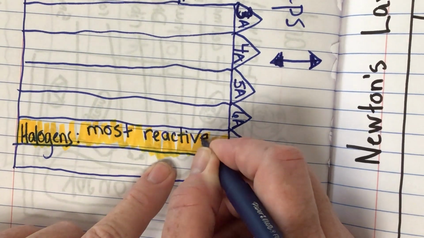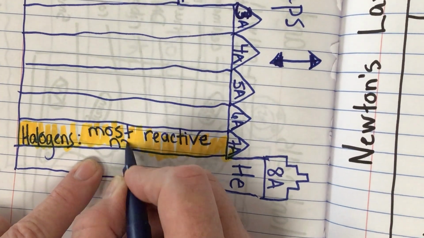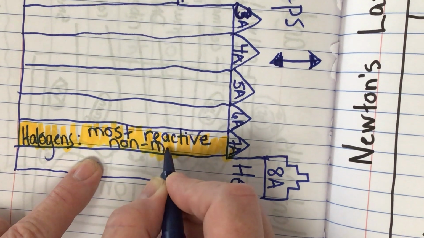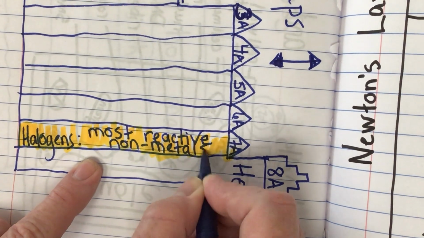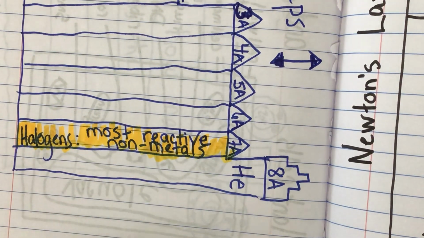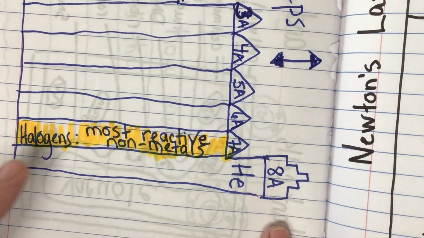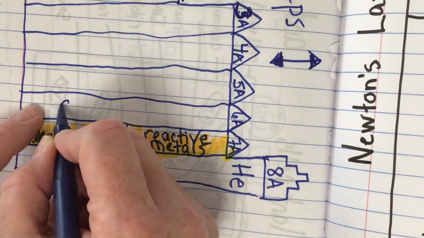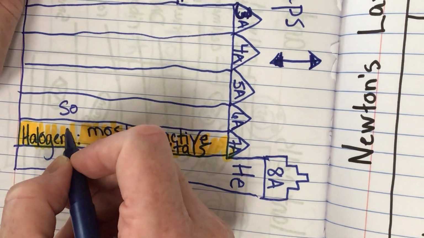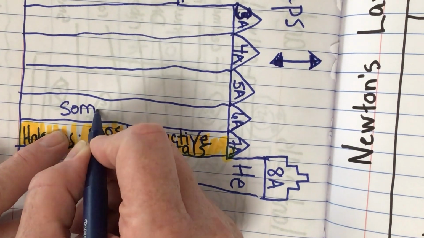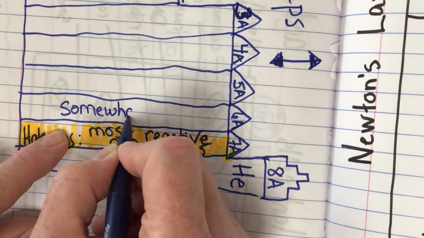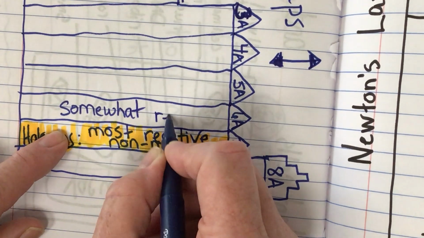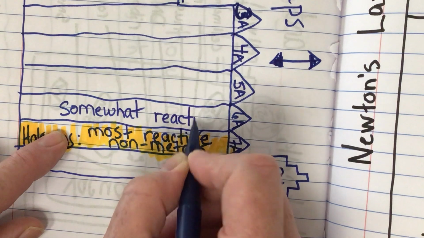Okay, so these are the most reactive nonmetals. All right, so the halogens are the most reactive nonmetals. These guys right here next to them, like group 2, are somewhat reactive. So we're going to write that these guys are somewhat reactive.